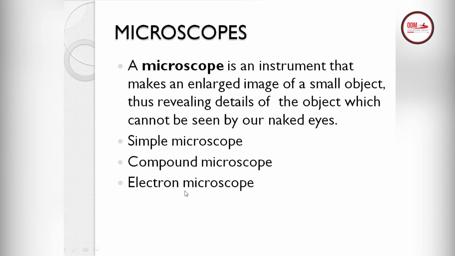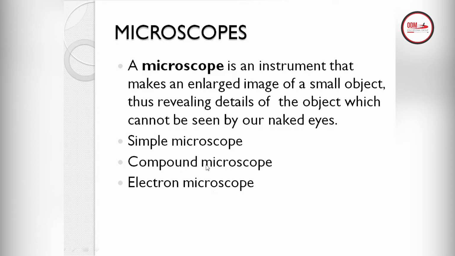Now, in an electron microscope, a beam of electrons is used to see the microscopic structures which are found inside the cell. That means this electron microscope helps in viewing the internal structure of the nucleus. What are the components which are present inside the nucleus?